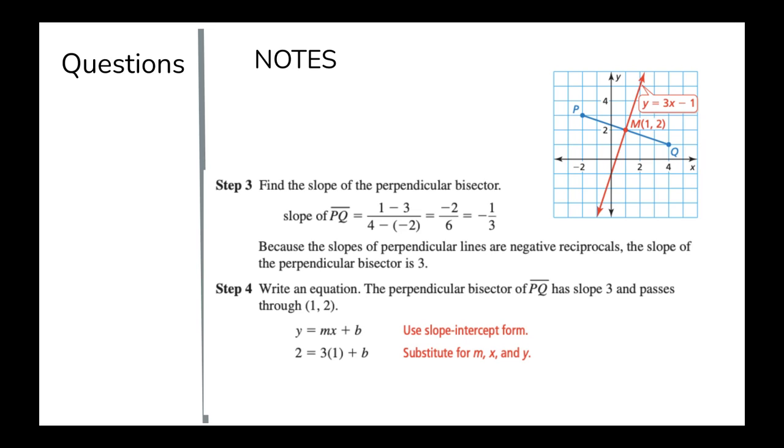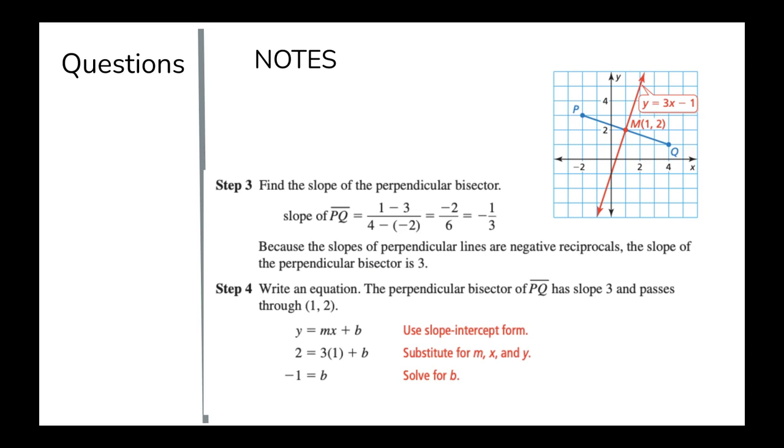We know that the midpoint is at (1, 2), so we replace the x with a 1, the y with a 2, and the slope is m, which is 3. Sorry, I said b, my mistake. We're trying to find the value of b. We solve and we get b is negative 1.